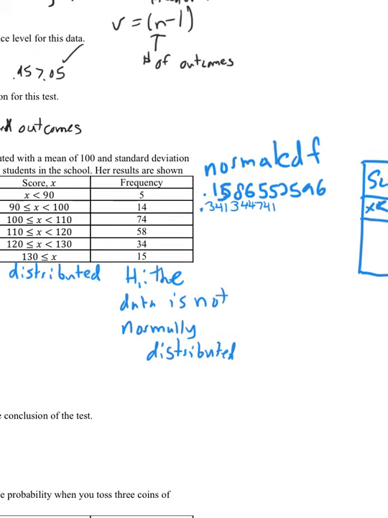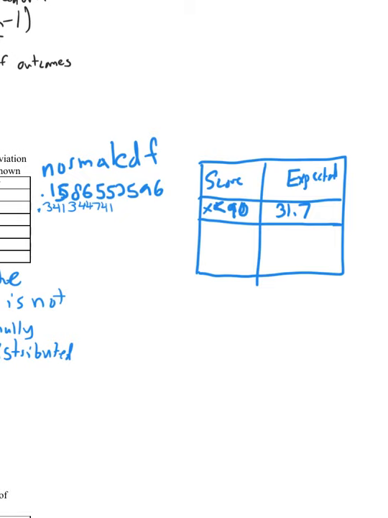And now I'm going to multiply that answer by my 200, because there's 200 total students, so a certain number should fall in here. And I'm going to get 68.3.